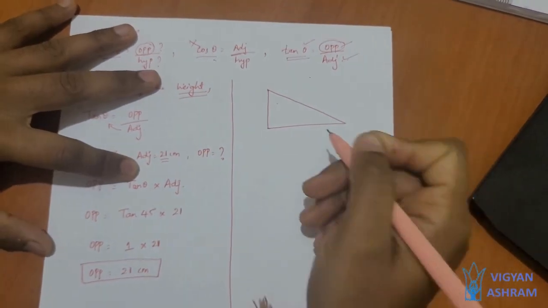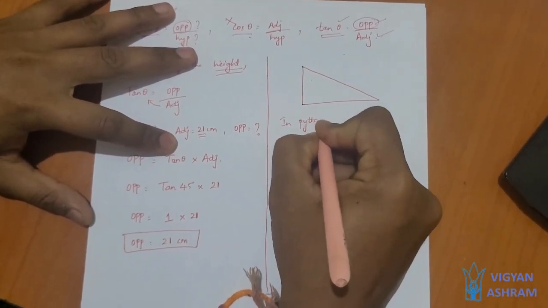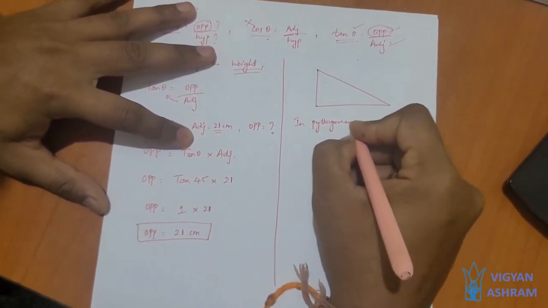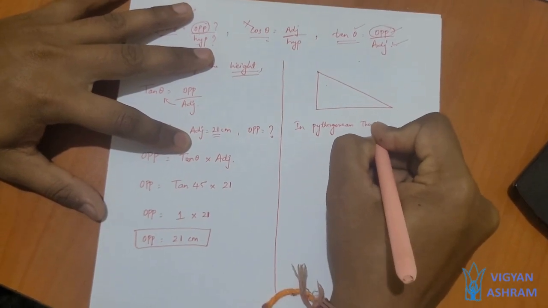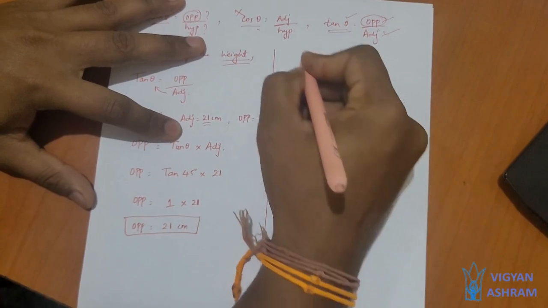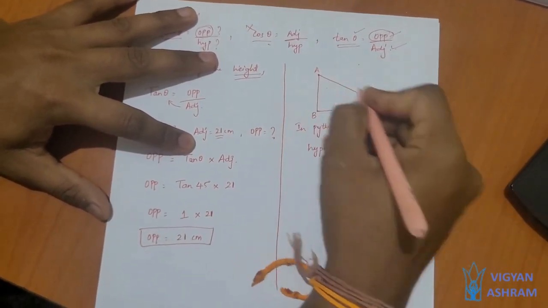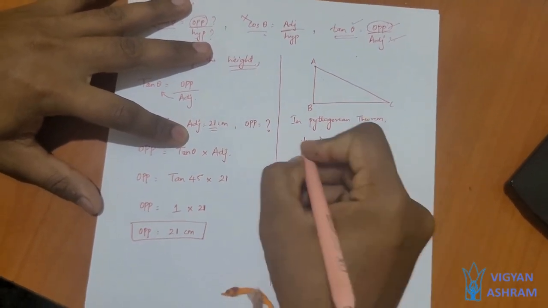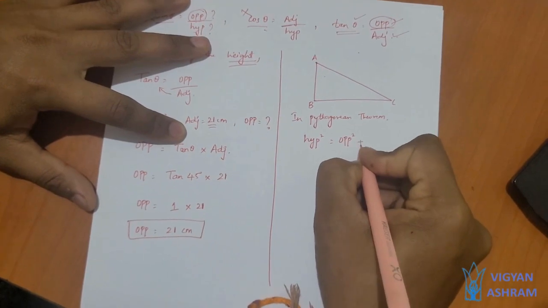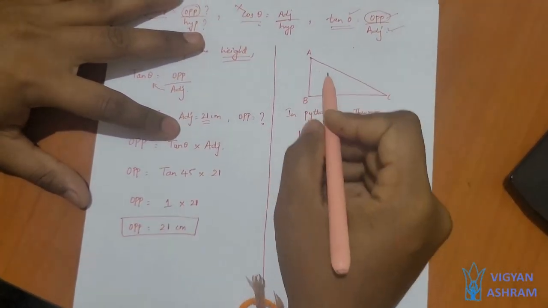In the Pythagorean theorem, hypotenuse square, that is ABC, hypotenuse square is equal to opposite square plus adjacent square, right?